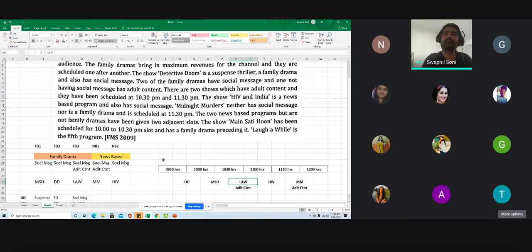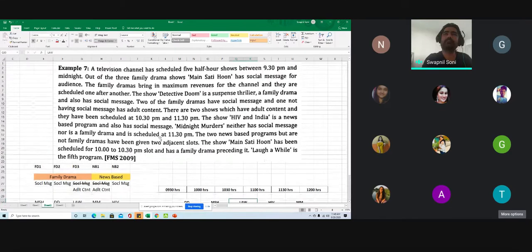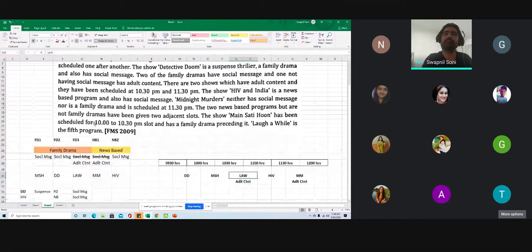Also, there is one more piece of information given, which says that the show MSH has been scheduled for the 10 to 10:30 slot and has a family drama preceding it. Now preceding it means before it. So MSH is scheduled at 10 to 10:30 and there is a family drama before it and an adult content program after it.